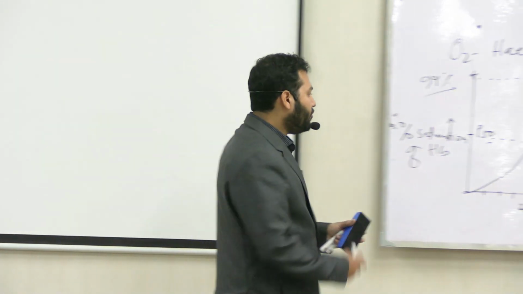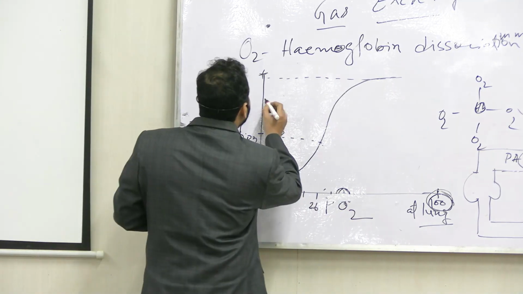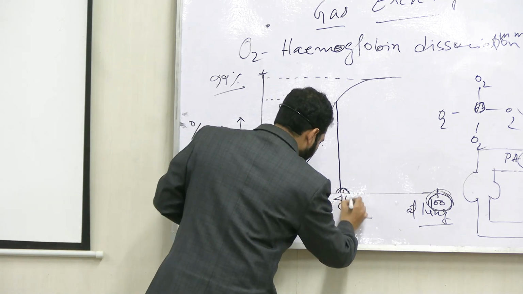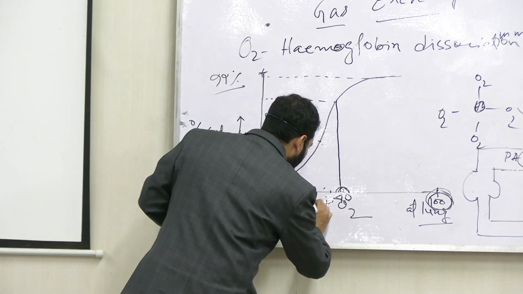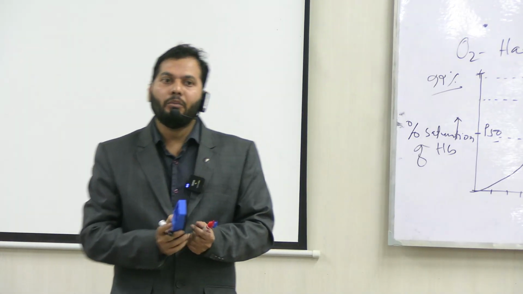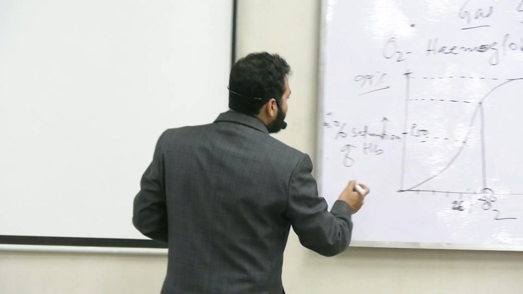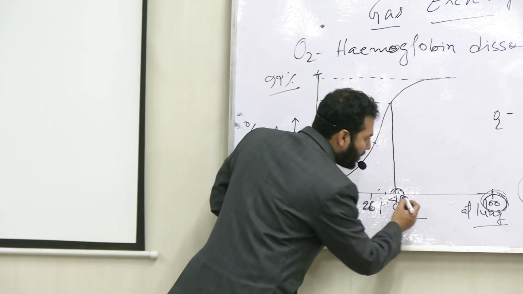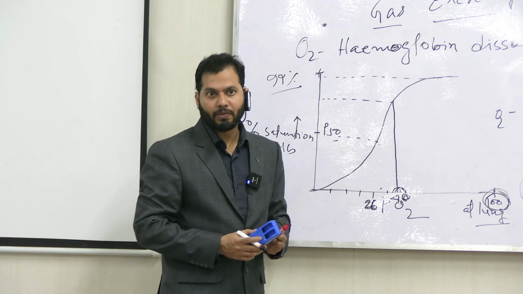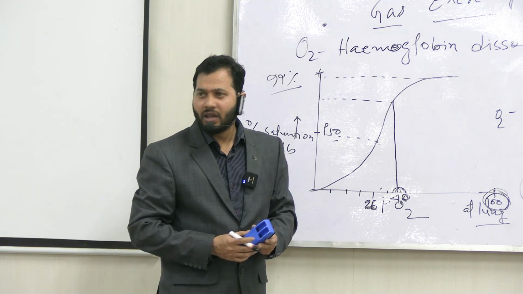And even if you see 25 to 26 millimeters of mercury and 40 millimeters of mercury, both partial pressures show different saturation points.